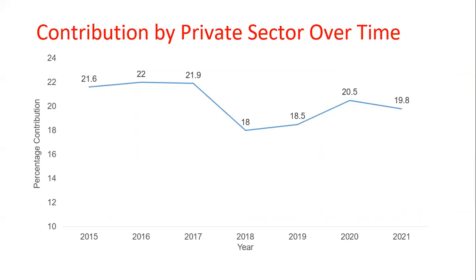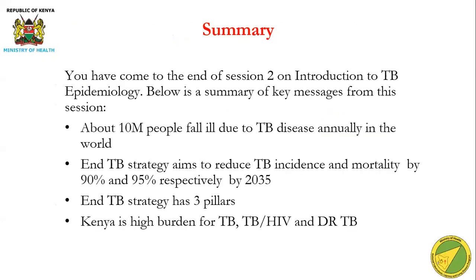Currently we are at 20%, and once we meet that, we'll keep on working on the target and keep on engaging the private sector to take up more TB care, because about 48% of healthcare in Kenya is offered by the private sector, so there's no reason why we cannot have 40, 50, 60% of TB care offered by the private sector.